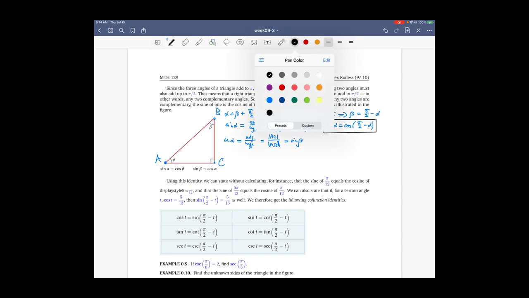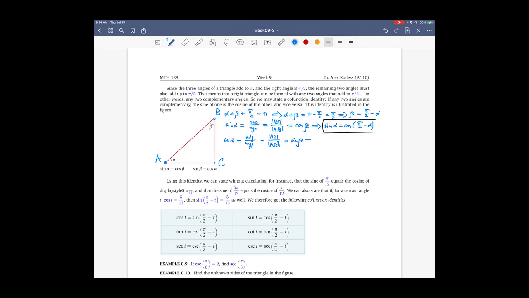And the same with the other line. Cosine alpha is sine beta, where instead of beta, I write pi over 2 minus alpha.